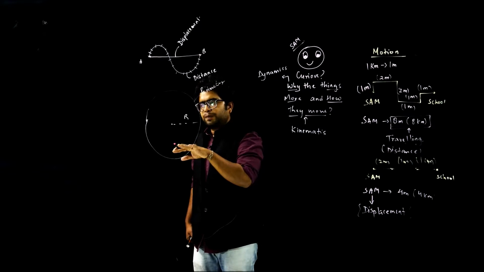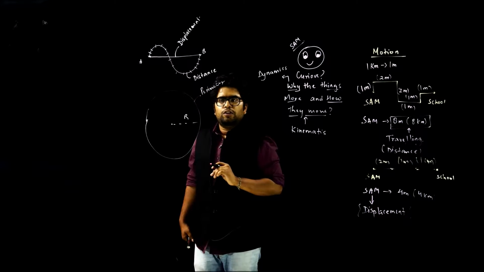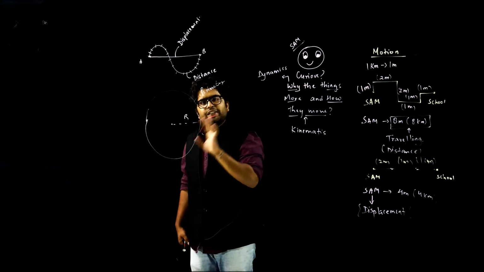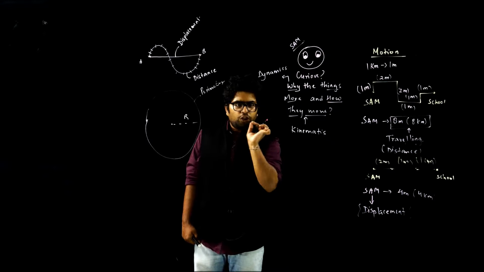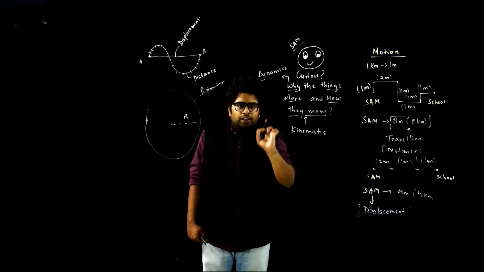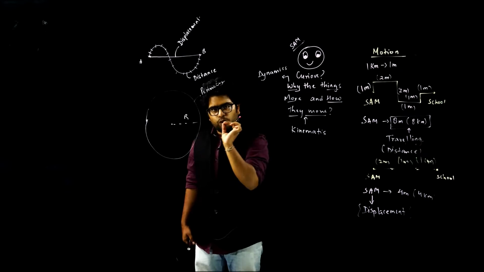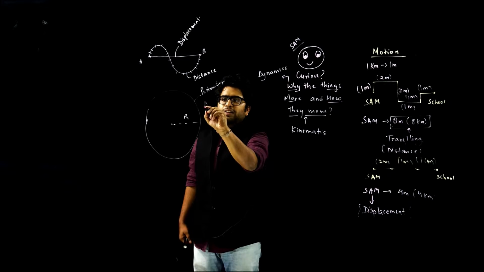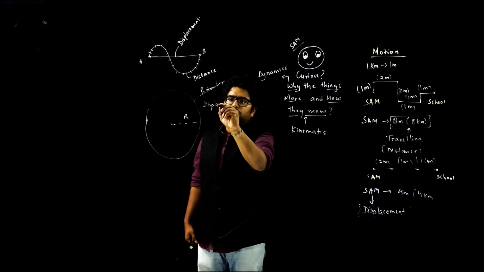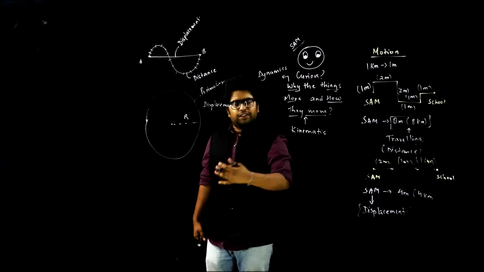But if I ask you about displacement, then the initial and final points are the same, so the distance between them will be 0. We mean that the displacement of this particle is 0, because the smallest possible distance between the initial and the final point is 0. So displacement in this case is 0.